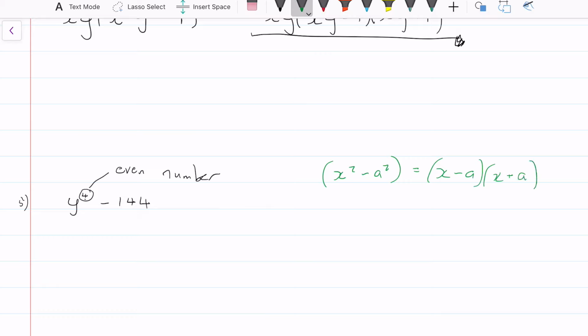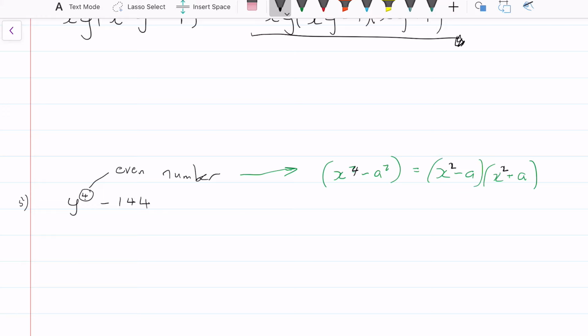So this rule always applies for even numbers. But what we have to do is, here we have x to the power of 1 and to the power of 1. If we have a 4, then this becomes x to the power of 2 and x to the power of 2. So let's do this.